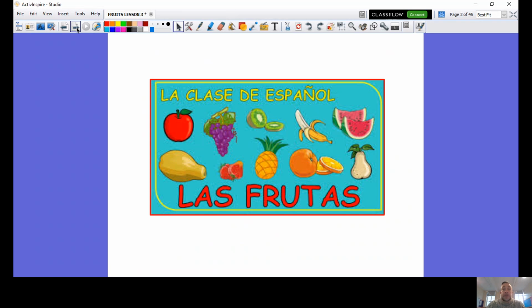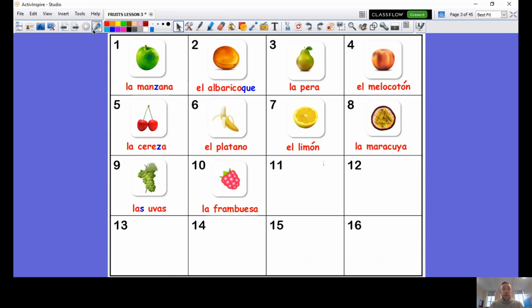Let's remind ourselves of some of the fruits we've already learned. My turn, your turn. Let's do our actions as well. Number 1, la manzana. El albaricoque. Stick our tummies out for number 3, la pera. El melocotón. La cereza.